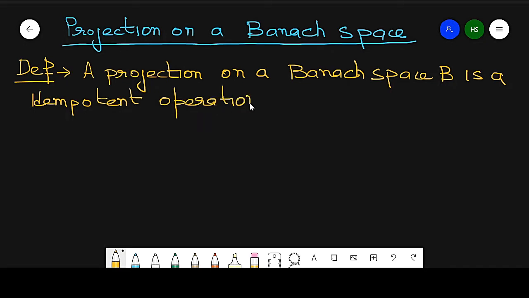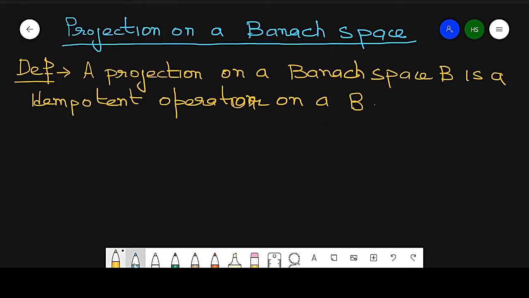So the definition of a projection is: a projection on a Banach space is an idempotent operator on a Banach space B.